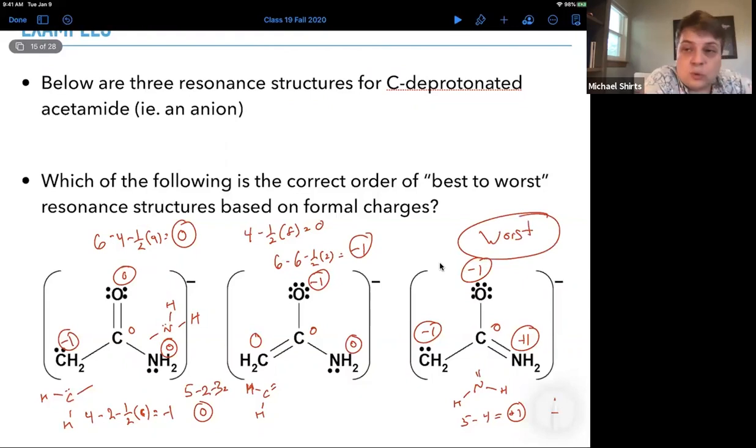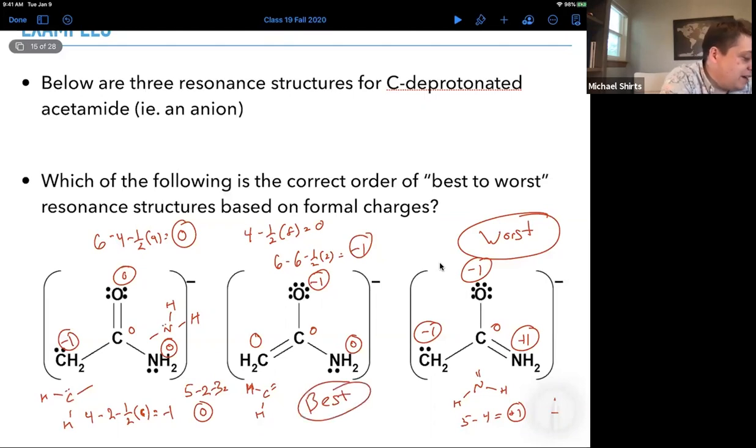All right, so let's look at the other two. Well, the other two actually satisfy that rule. They have the minimum total number of formal charges you can have. You've got a -1 on the oxygen in one case and a -1 on the carbon in the other. And that actually goes to the next rule. If there has to be a formal charge, you want the extra electrons on the more electronegative atom, which would be the oxygen. So this would be the best right here.